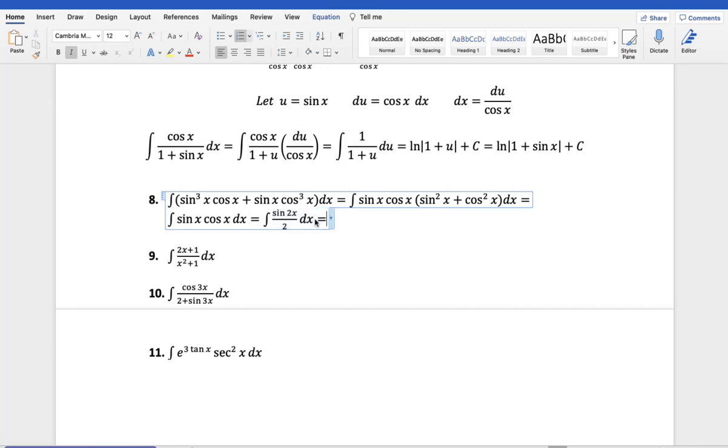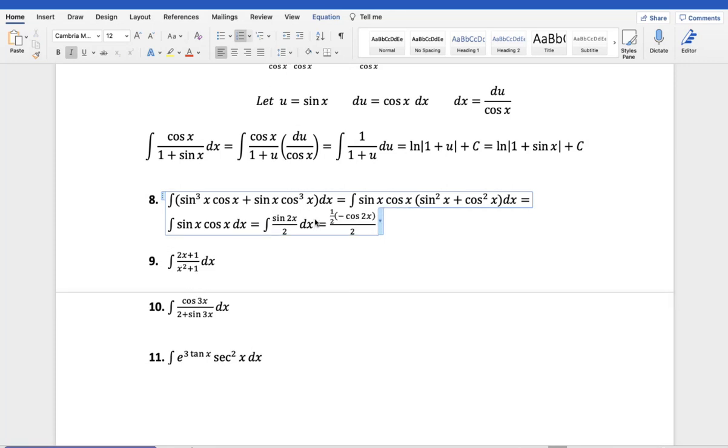And when you integrate this, 1 over 2 is a constant, so you can take it out of the integration, and you're basically integrating sine of 2x, which we know is equal to negative cos of 2x divided by 2, plus our constant of integration c.